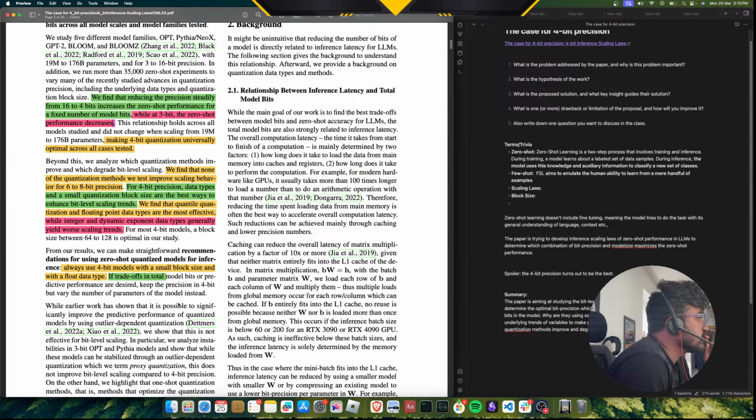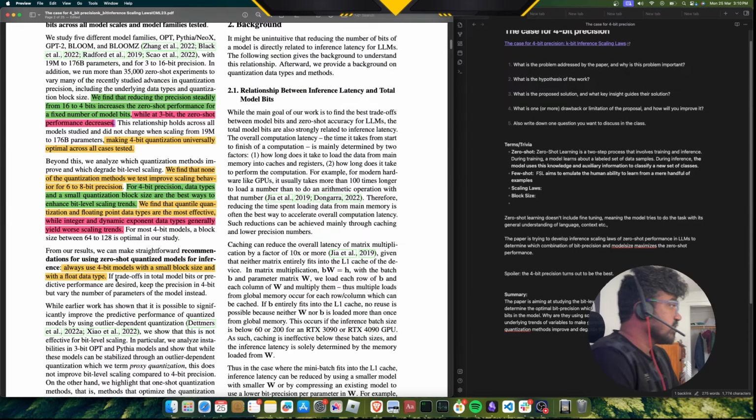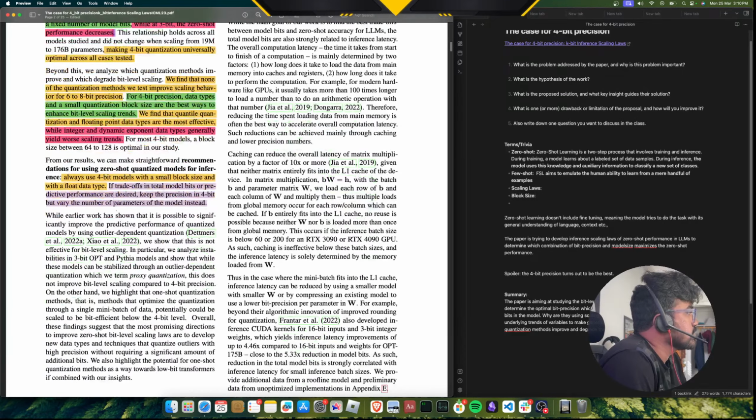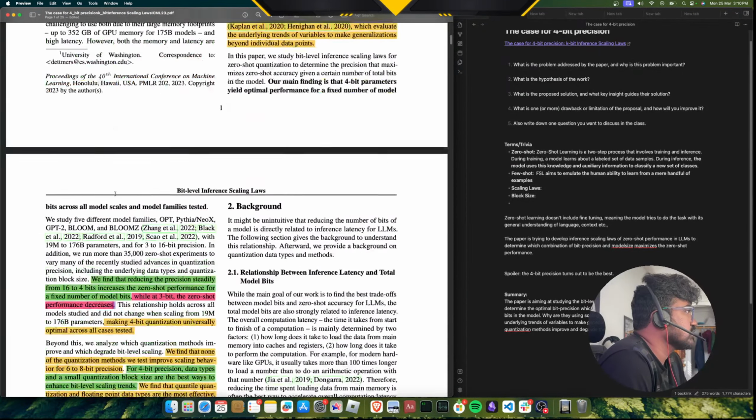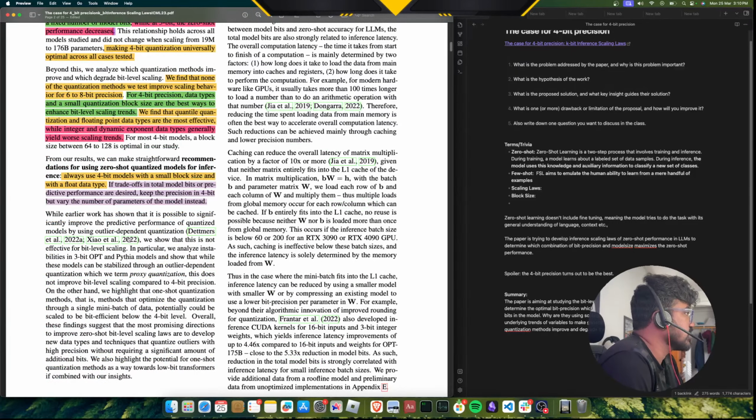If trade-offs in total model bits or predictive performance are desired, keep the precision at 4-bit but vary the number of parameters of the model instead. So they're saying keep the bit precision at 4, but increase the model size if you want better predictive performance.